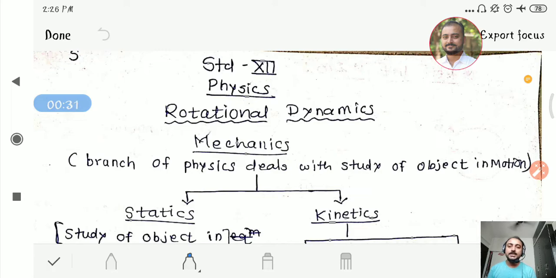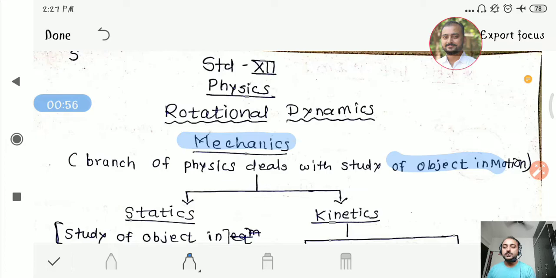Mechanics is the branch of physics which deals with the study of objects in motion. It means when an object is in motion, the study of such an object is done under the branch of physics called mechanics. It's very simple.